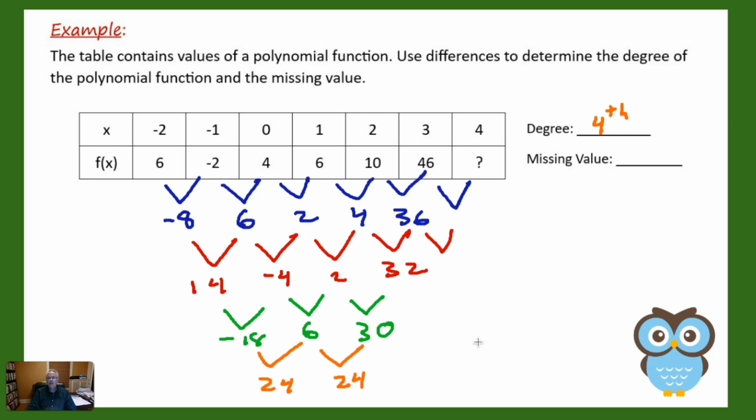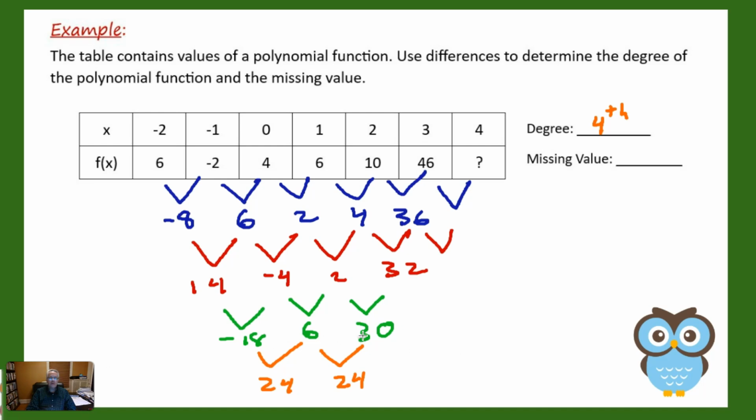It's a quartic. So quadratic functions have constant second differences. Cubic functions have constant third differences. Quartic or fourth degree polynomials have constant fourth differences. And if we went on, fifth degree polynomials would have constant fifth differences. That's the pattern here.